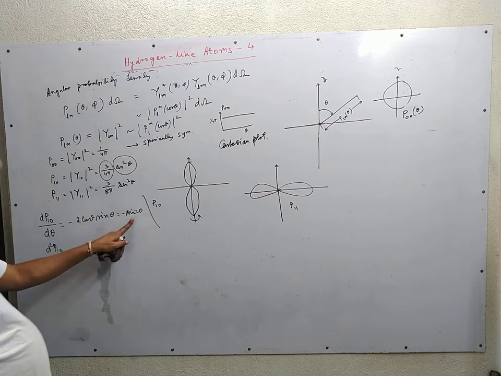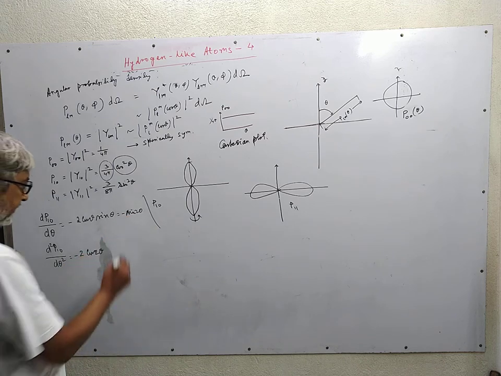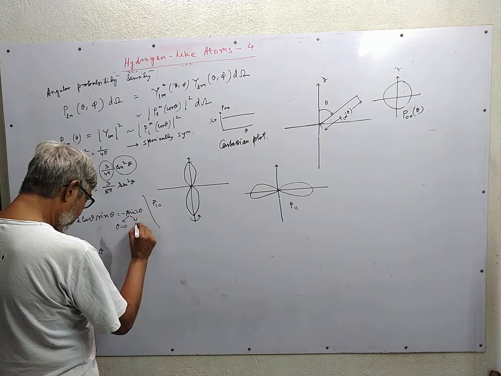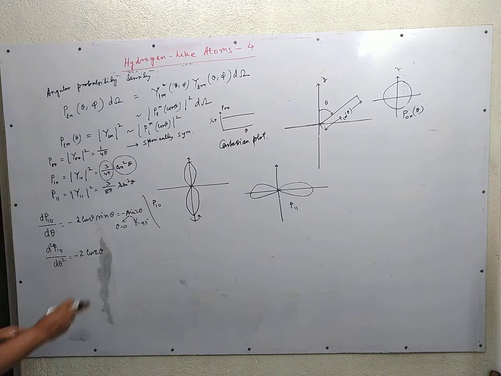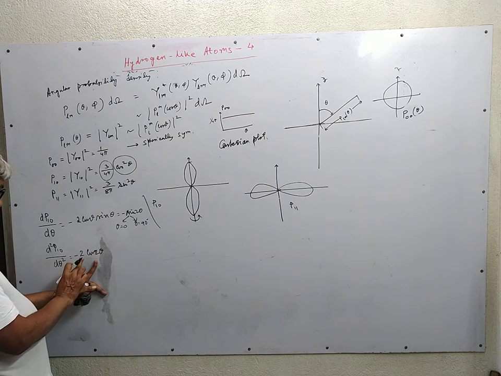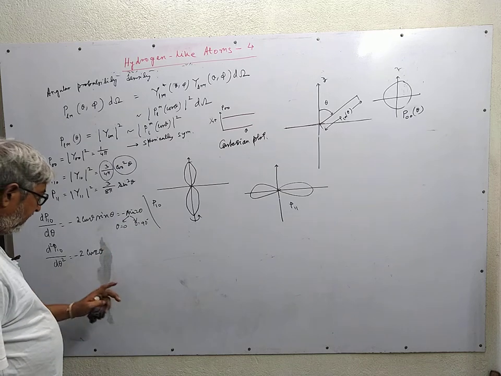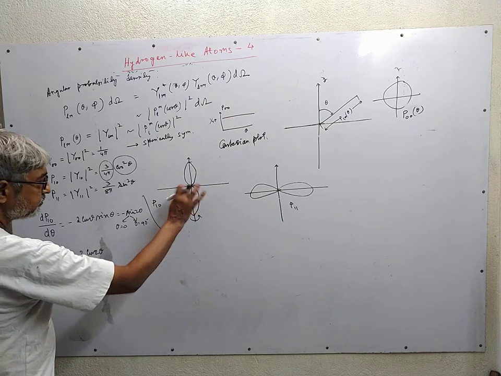This part is 0 at theta equal to 0 and theta equal to 90 degrees. At theta equal to 0, cos theta is 1, so it is minus 2, so it corresponds to a maxima. And at theta equal to 90 degrees, it is minus 1, so it is plus, so it corresponds to a minima.